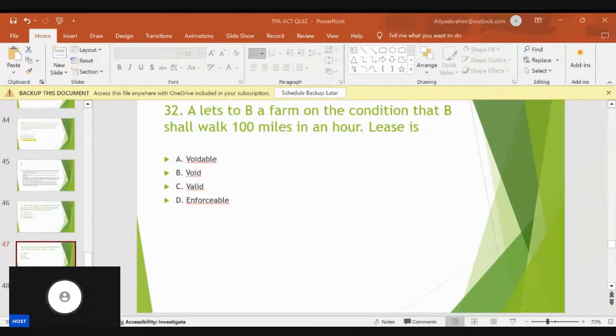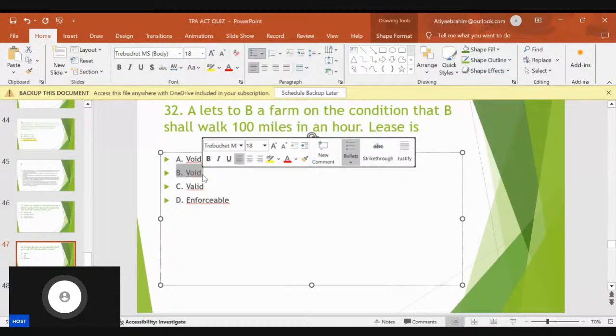So the lease is void, voidable, valid? You tell me. So the answer coming is void. Very good. Yes, the answer is void.